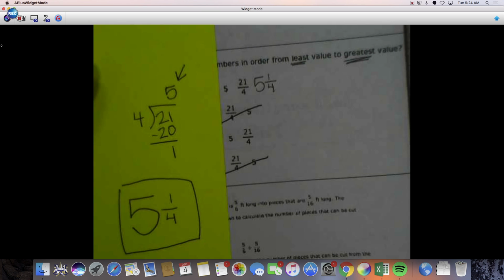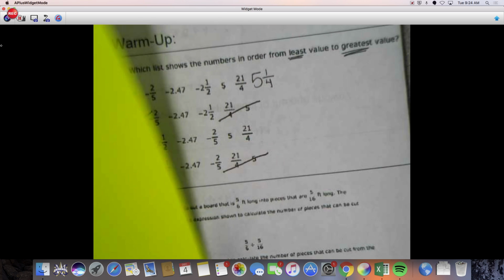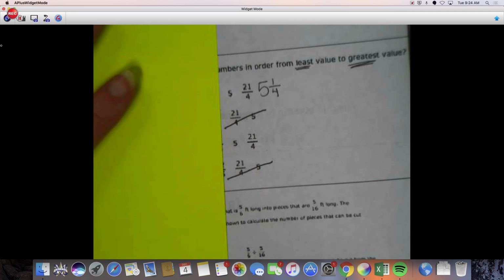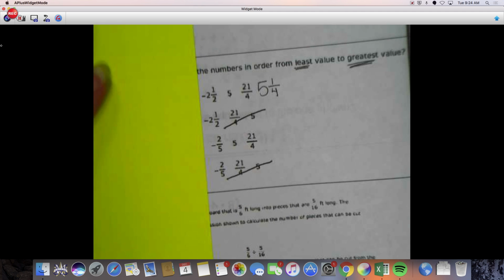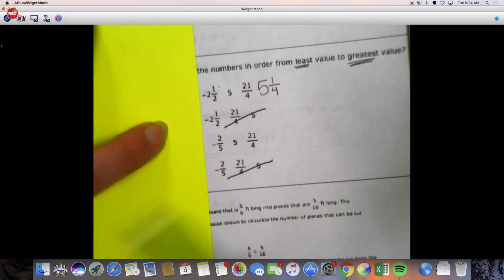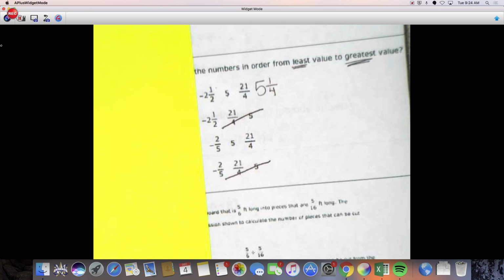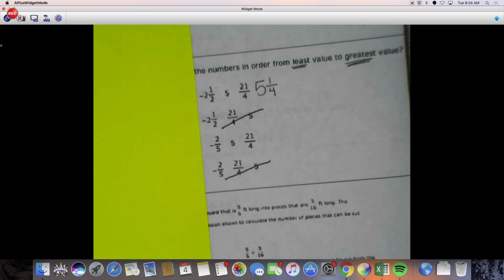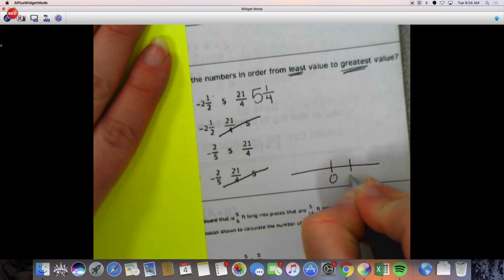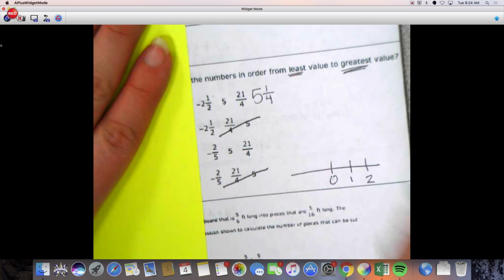Okay, now here's what I'm going to do next. Let me flip my card. Now that I've narrowed down 2, I'm going to just move my card over 1. And now I have to see between negative 2 1/2 or negative 2/5, which one is going to be closer to 0. Because remember, if we have a number line, if this is 0, then when you're looking for least to greatest in the positives, it just goes up.